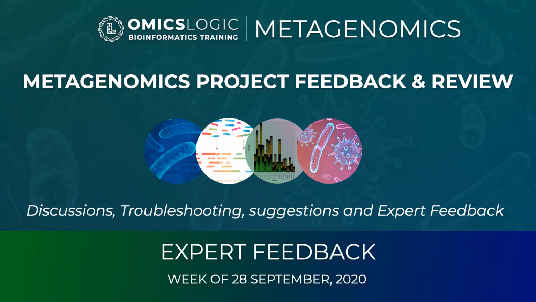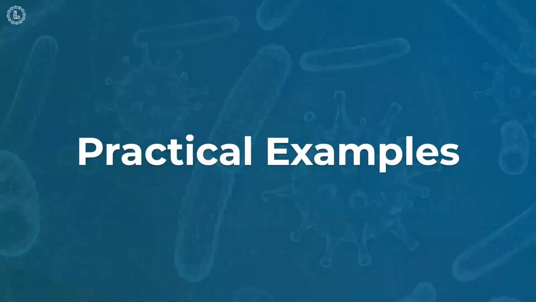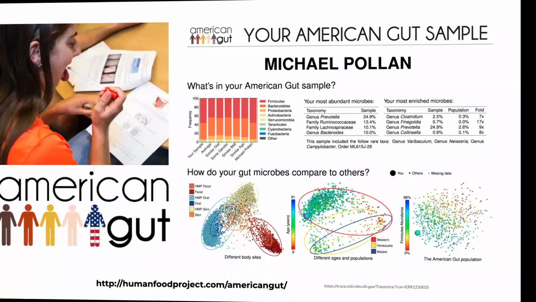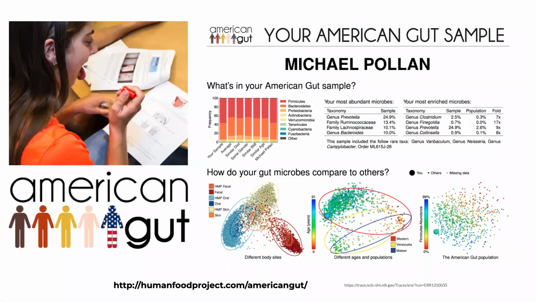Let me show you a few practical examples and talk about what we are going to cover as we discuss these project examples. When we talk about the American Gut Project, we're talking about finding associations between self-reported phenotypes and some general aspects of microbiome composition based on a microbial sample.